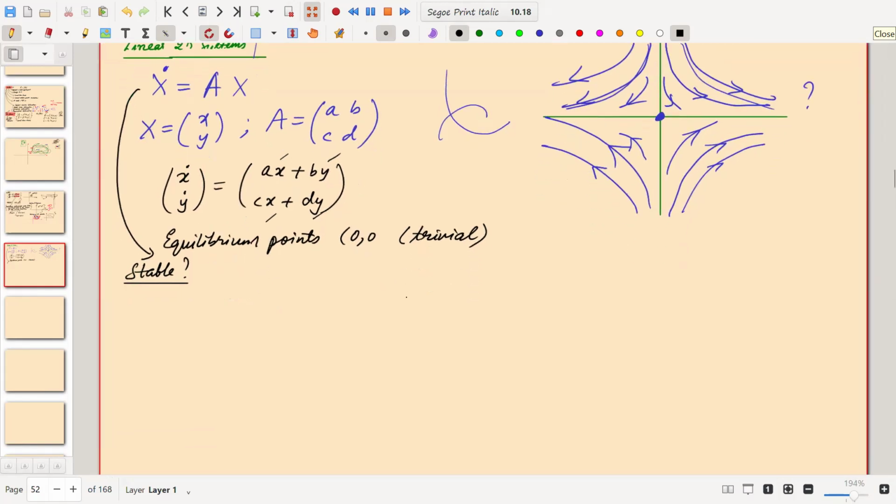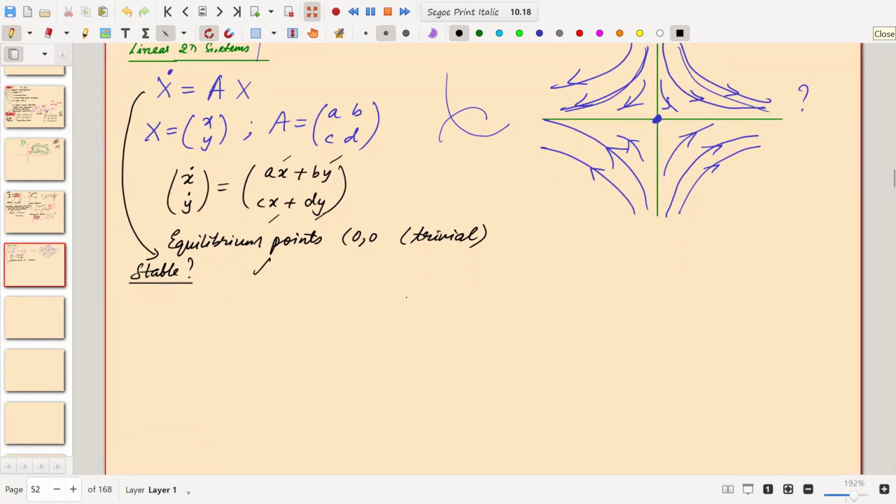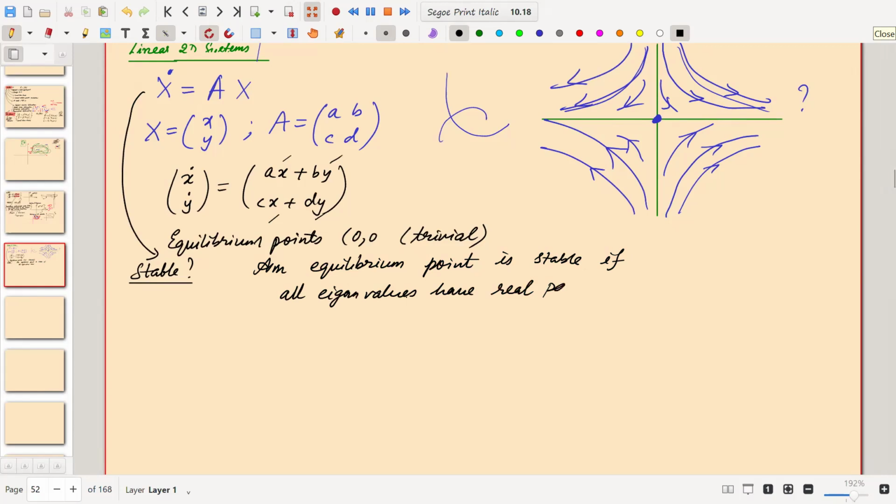So here in these 1D flows or 2D flows, we say an equilibrium point is stable if all eigenvalues have real part less than 0. An equilibrium point is stable if all real parts of the eigenvalues are less than 0. Otherwise, unstable.